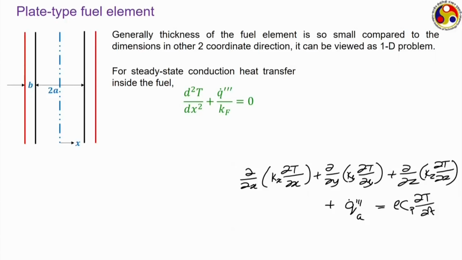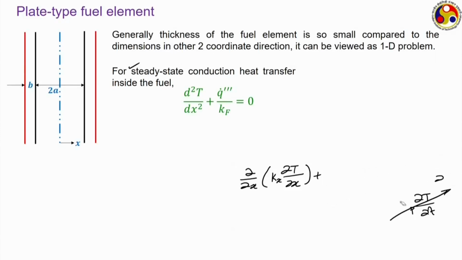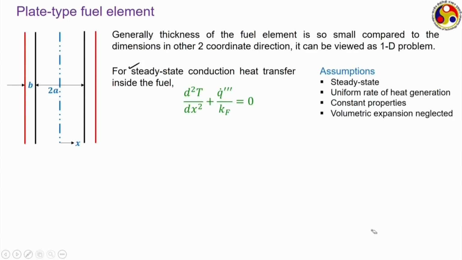Now, here we are putting several assumptions. One, of course, is 1D, as I have already mentioned. So, in case of 1D, this one goes off and so does this one, and also we are doing it under steady state, so this term also goes off, limiting our analysis to a one dimensional problem. A few other assumptions we have to consider, like one important assumption that we quite often consider is uniform rate of heat generation.